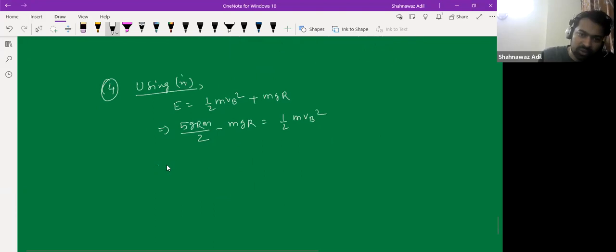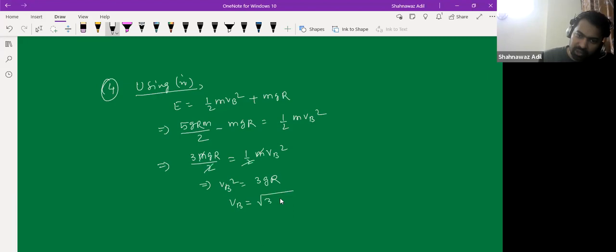So this would be how much? 2 will go there, so there would be 3 mgr by 2, equals half mv square. This will cancel, this will cancel. So vb square is 3gr. So vb is root 3gr.